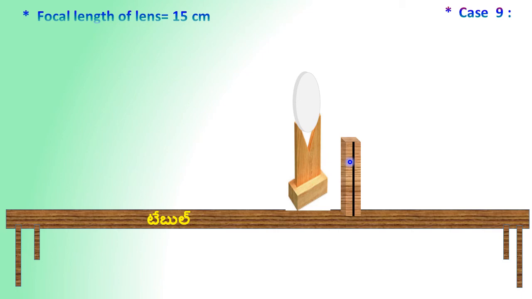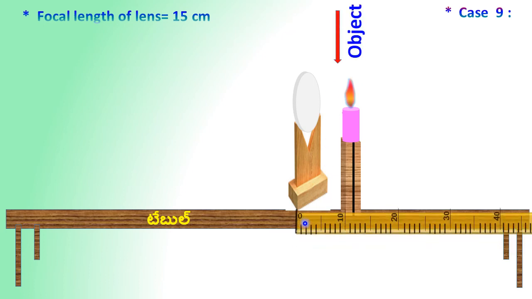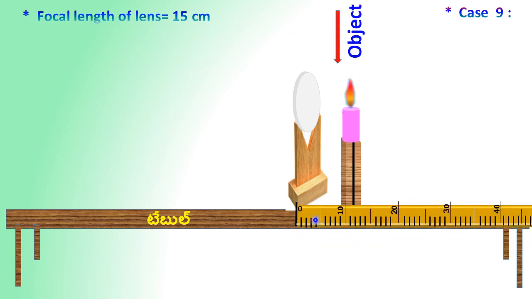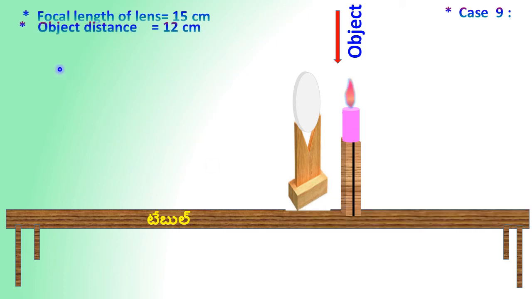This is the wooden block on which I placed a small object, a small cantilever. Let us measure its distance. This is the object. So the distance is 10, 11, 12. So the distance of the object is 12 centimeters.